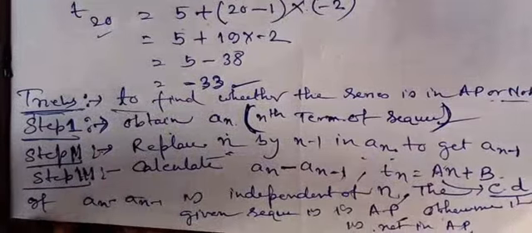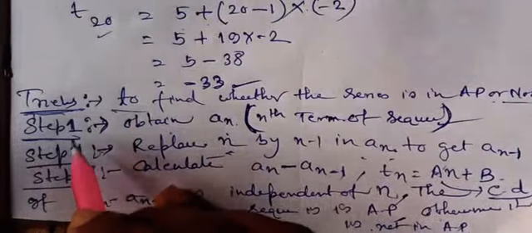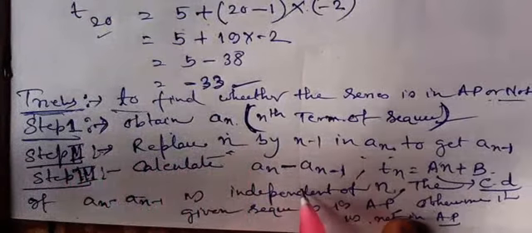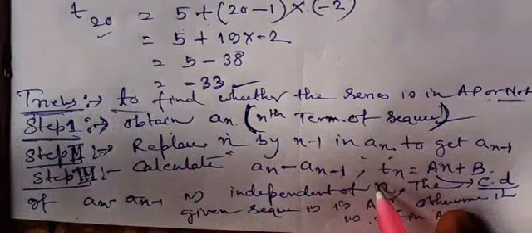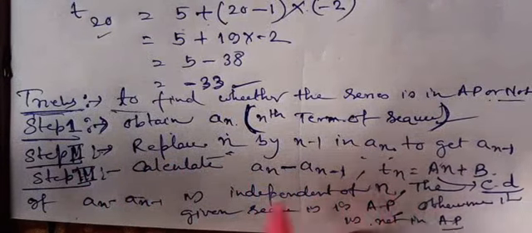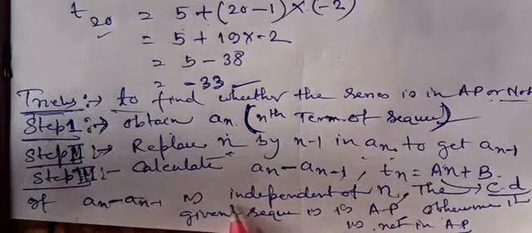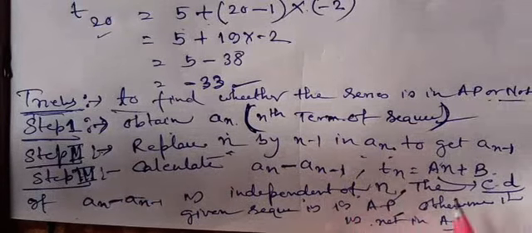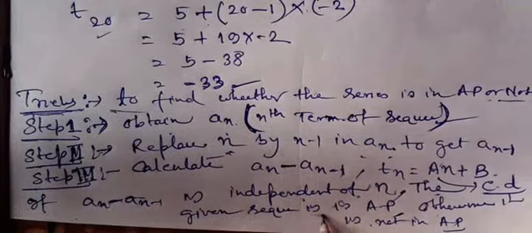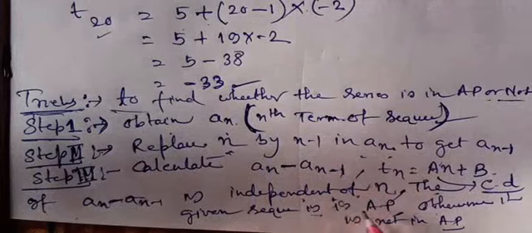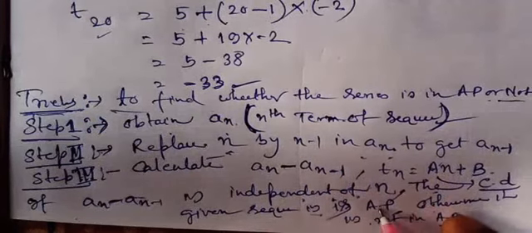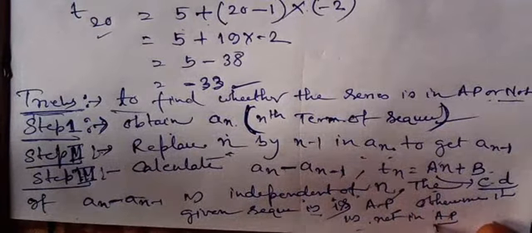Next, step 3: calculate An minus An minus 1. If An minus An minus 1 is independent of n, then the given sequence is in AP, otherwise it is not in AP.